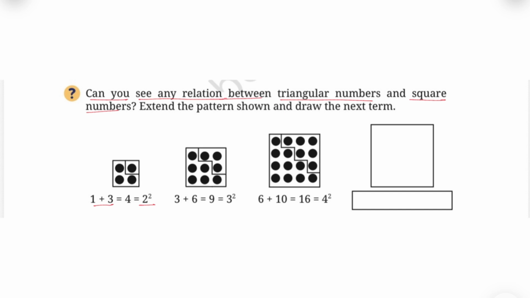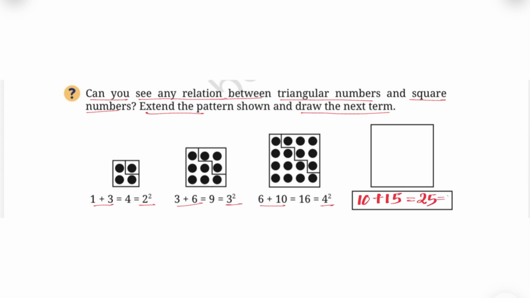Here, consecutive triangular numbers are added to get the square numbers. So 1 plus 3 is 2 square, 3 plus 6, which is 9, equals 3 square, 6 plus 10 equals 16, and it's the same as 4 square. So the next will be 10 plus the next triangular number, which is 15, and it equals 25.